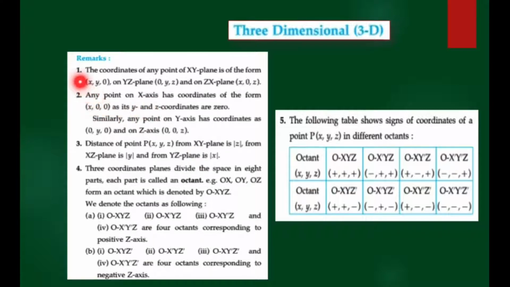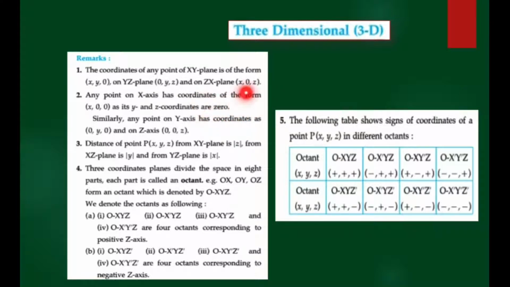So see, remark: the coordinates of any point of the xy plane are of the form x, y, 0; on the yz plane, 0, y, z; on the zx plane, x, 0, z.